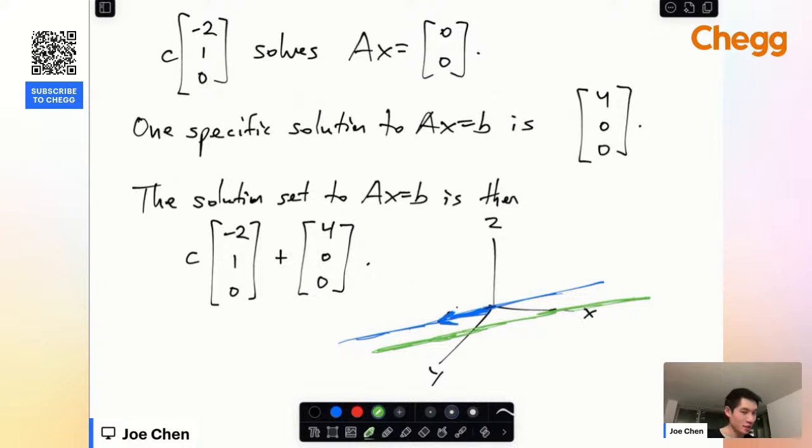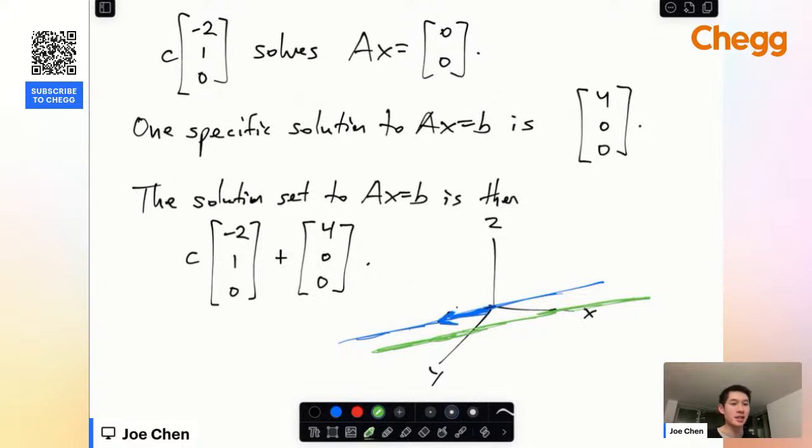I think you should see this at least once: in linear algebra in specific, because of this linearity of everything that's going on, if I want the solutions to Ax equals b, it's just going to be a shift of the solutions to Ax equals 0. To emphasize, this is unique to linear algebra.